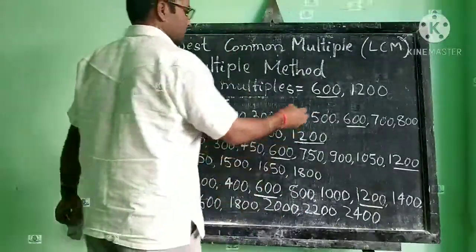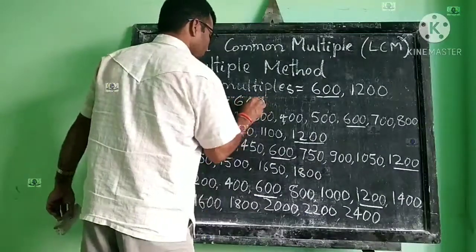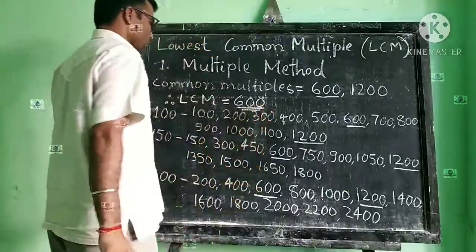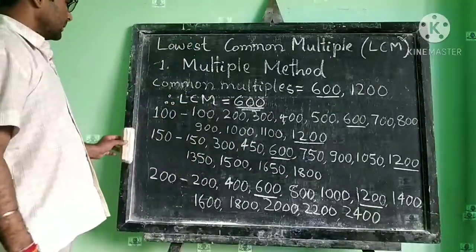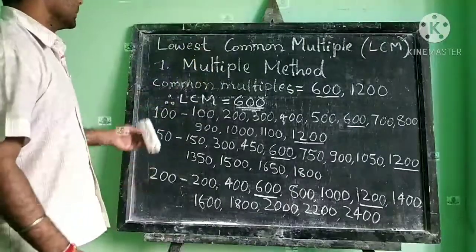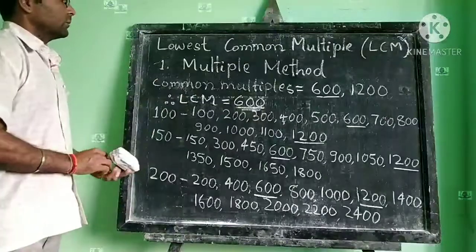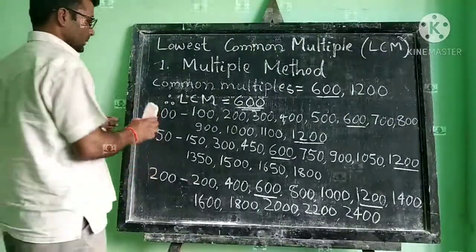So 600 is smaller. So the LCM of 100, 150 and 200 is 600. So here you can find LCM using this multiple method. This is the first method to find LCM. Let us move on to the second method.